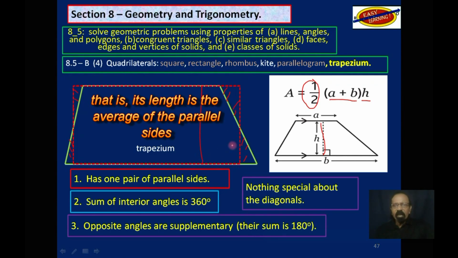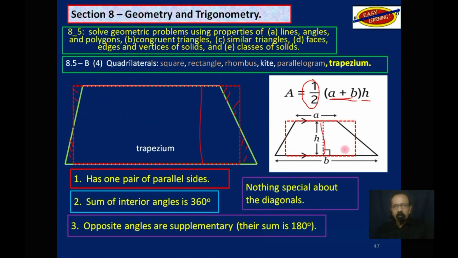So when you find the area of a trapezium and you are told to find half of the sum of the parallel sides, this is what you are doing. You are taking this part down here, flipping it up there, and then you take this part down here and flip it over up there.